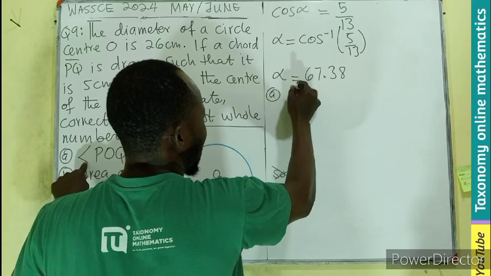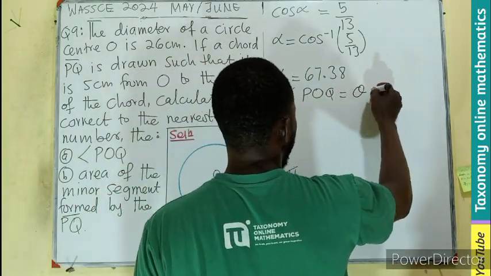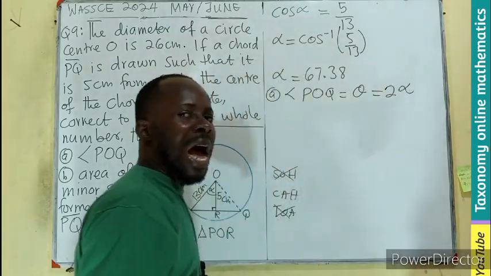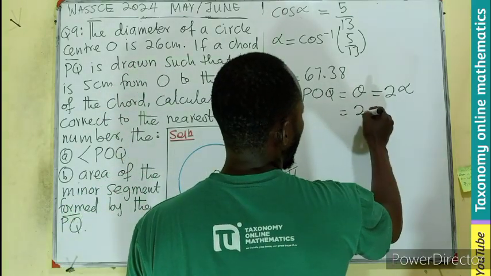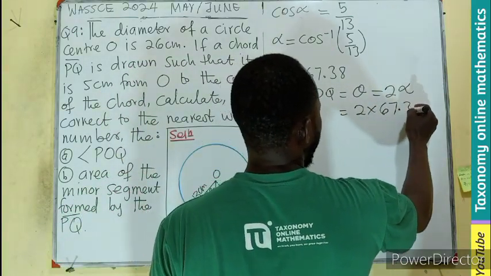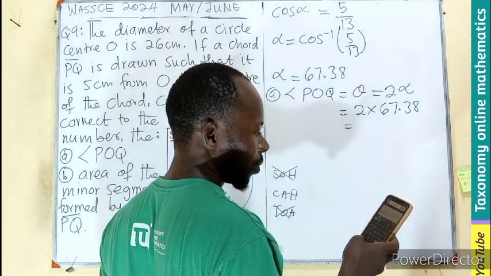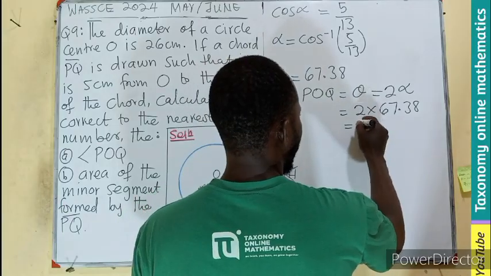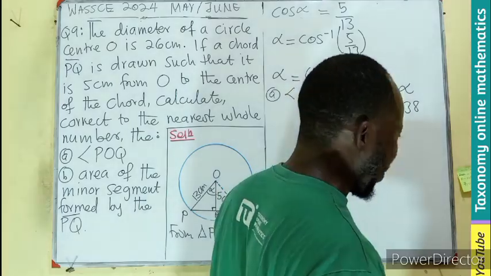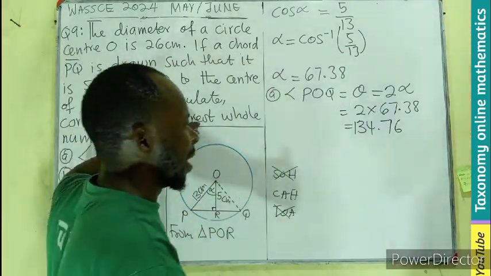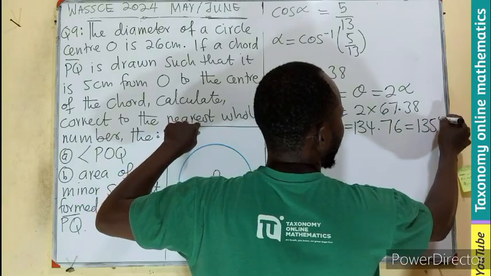So the angle POQ, let's say theta, equals 2 times alpha. 2 multiplied by 67.38 gives us 134.76, but we are looking for the nearest whole number, so I can approximate this to 135 degrees.